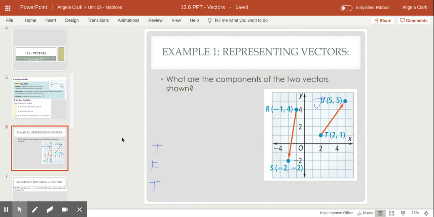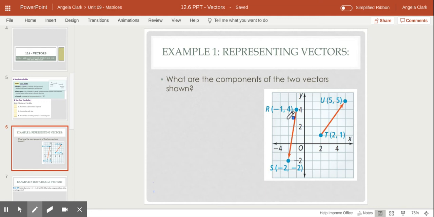So here is our first example. And first, we're just going to talk about component form, I guess you could say, writing vectors in terms of their components. So basically, the components of the vectors are going to be how far it's going in the x direction and how far it's going in the y direction.